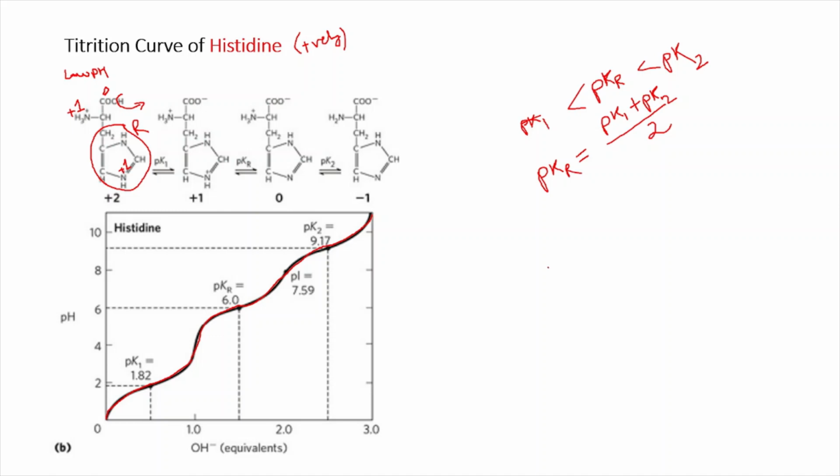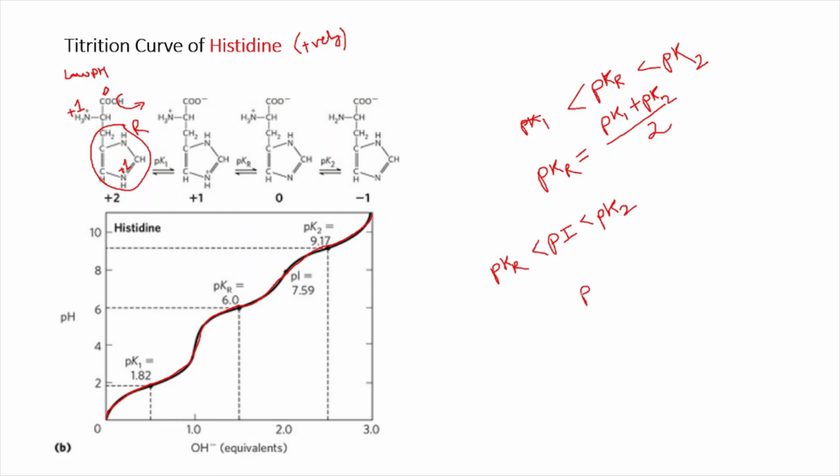But here, unlike the previous one in glutamate, where the pI used to lie between pK1 and pKr, in case of a positively charged amino acid, this pI lies between pKr and pK2.